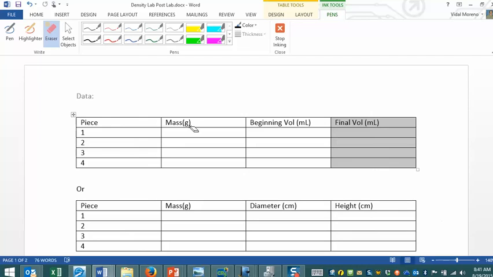You put G in parentheses, or centimeters in parentheses, and you put down centimeter, centimeter, centimeter. Okay, the whole reason to do this is so that you don't have to do G, G, G, G. So by putting milliliters there, you don't have to put milliliters down. It's assumed that everything within that column is in milliliters.